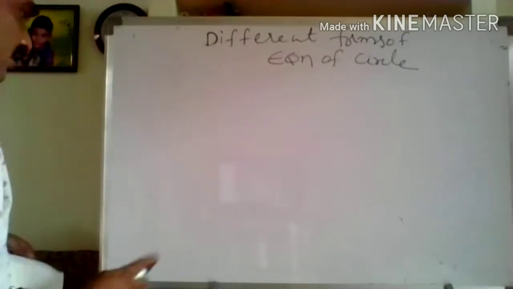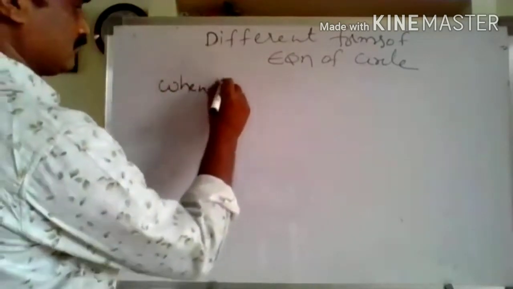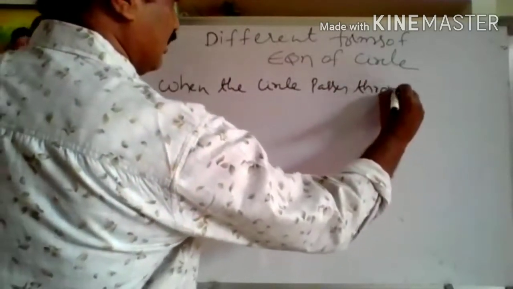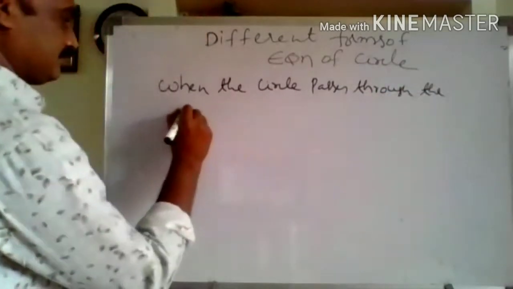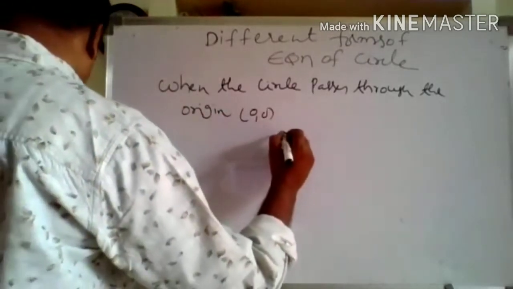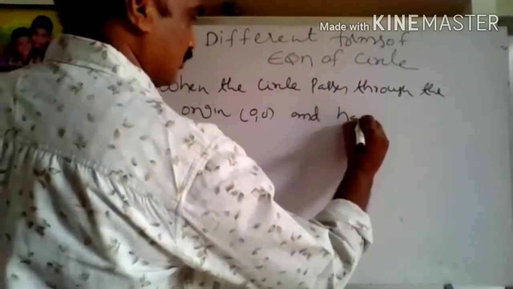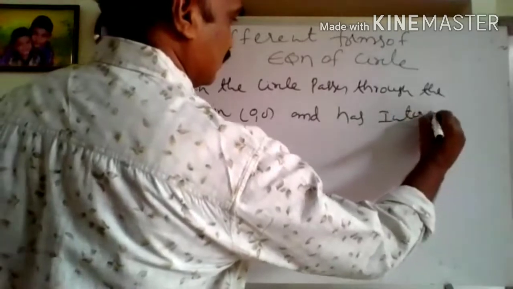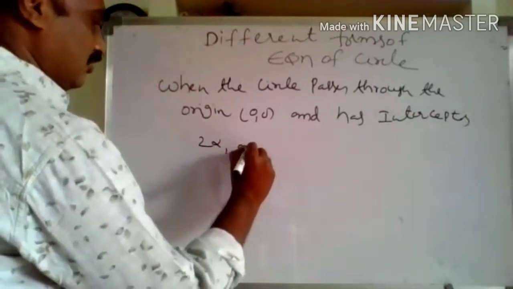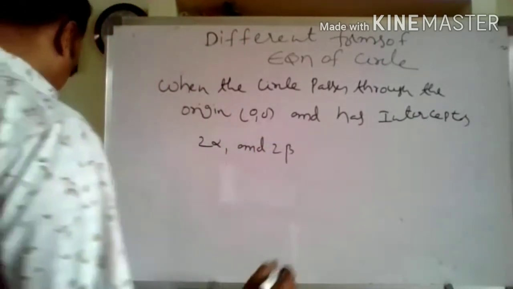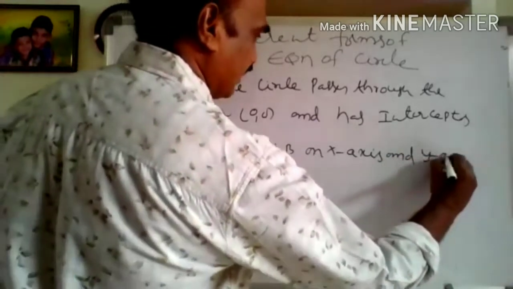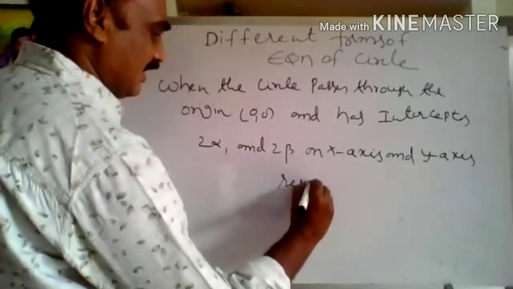When the circle passes through the origin (0, 0) and has intercepts 2 alpha and 2 beta on the x-axis and y-axis respectively.